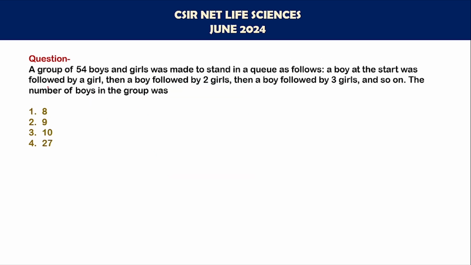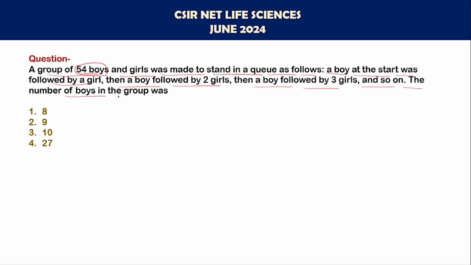Okay. Next question is, a group of 54 boys and girls was made to stand in a queue as follows. A boy at the start was followed by a girl, then a boy followed by 2 girls, then a boy followed by 3 girls, and so on.